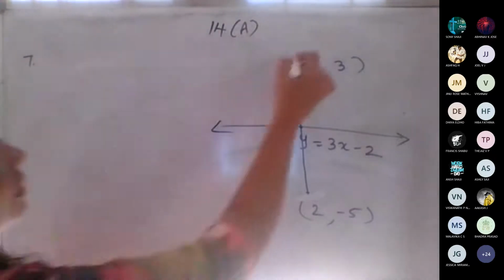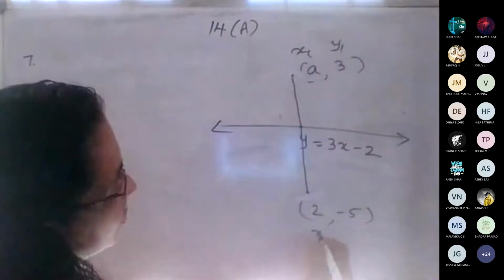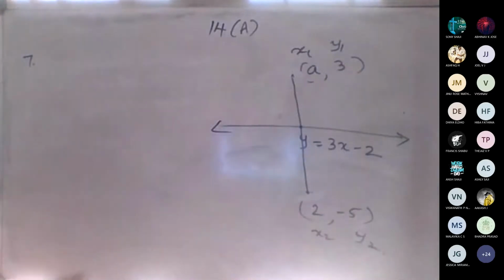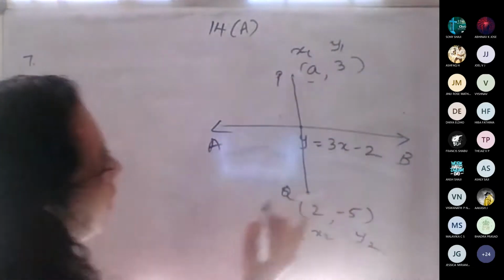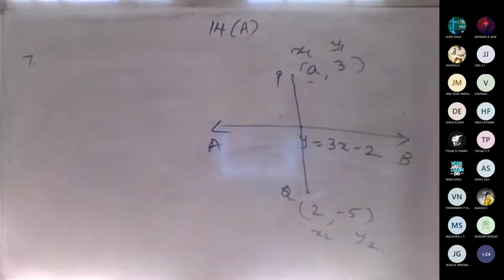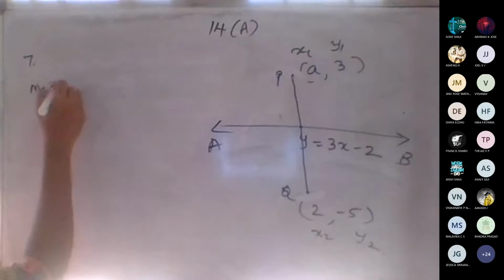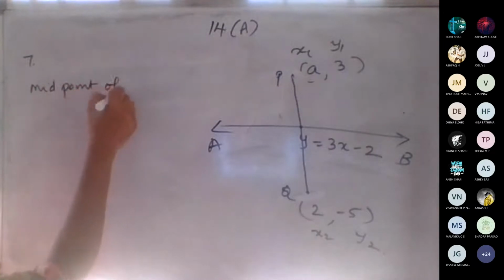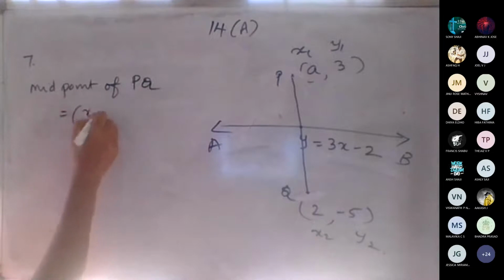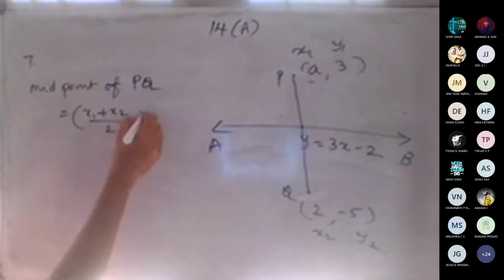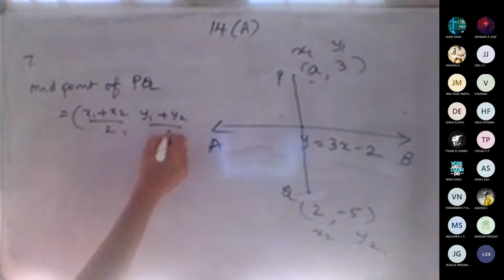Midpoint. This is x1, y1. This is x2, y2. Suppose AB is a line, PQ. Mark it. So the midpoint of PQ is equal to (x1 plus x2) by 2, (y1 plus y2) by 2.